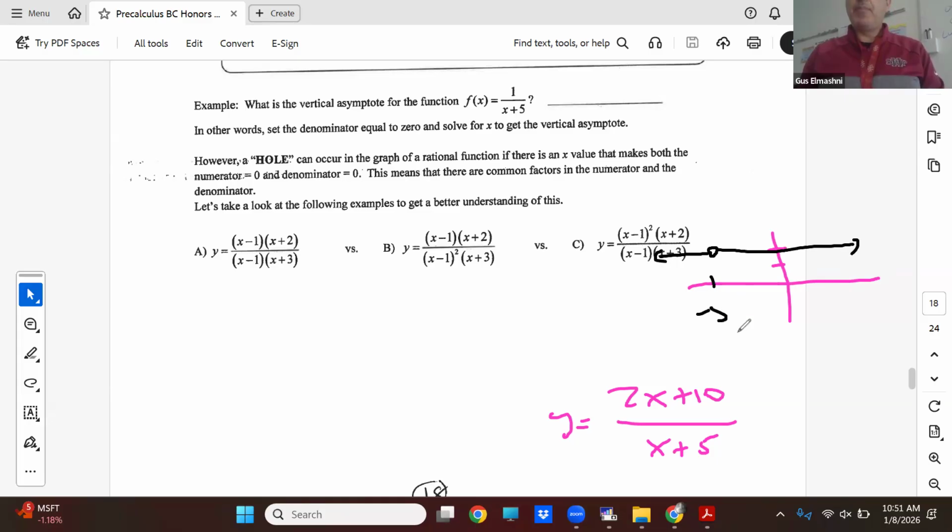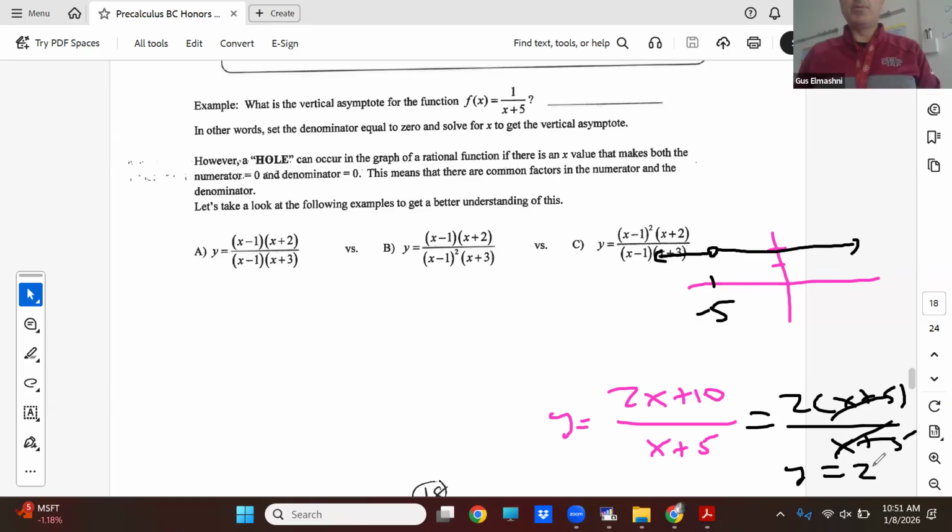There's a hole at negative 5 because what's happening is you factor out 2 and those cancel. And what do you get? Y equals 2. However, you must exclude the negative 5 from the graph. So that's what we call a hole. More specifically, we call this a point discontinuity.